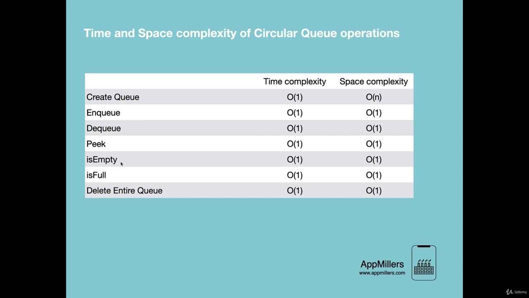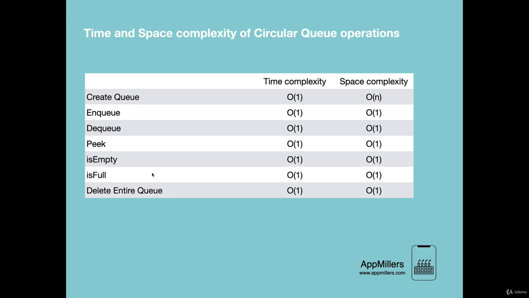Now the next method is the empty method. So in case of circular queue, to check if the queue is empty or not, we are checking the top value. If the top value equals -1, it means that this queue is empty, otherwise it's not empty. So in this case, we are just checking the top variable. That's why it takes O(1) time complexity. Now the space complexity for the if condition is also O(1).